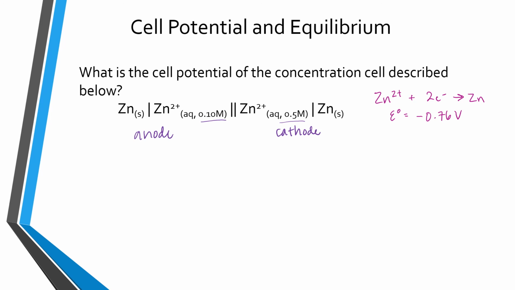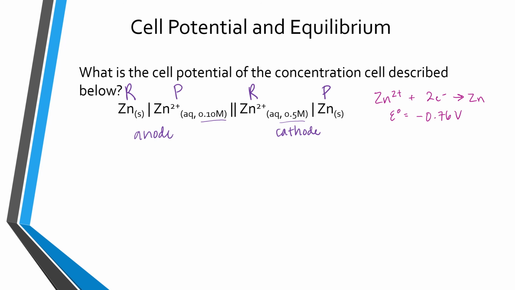So that means that our reactants are here, and then our products are here. Whenever we're calculating Q, we have to think about that because we have to do products over reactants.